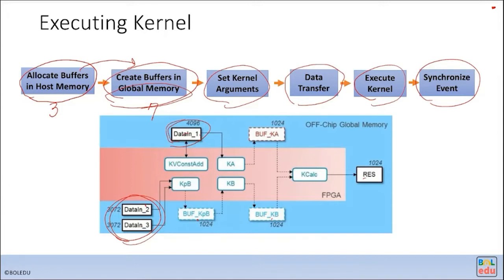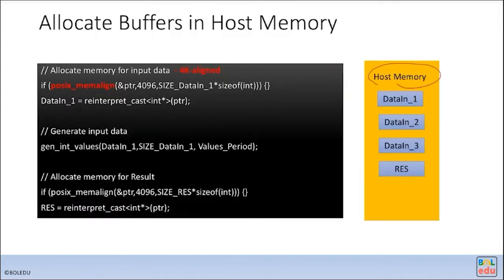Okay. So we will create the host memory buffers. Actually 4 buffers, since the result buffer we also need to allocate. Here, pay attention: we use this API that ensures the data is 4K aligned. 4K alignment is much more efficient for data movement.